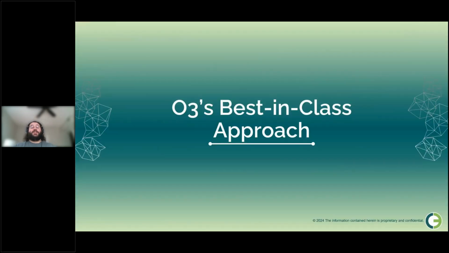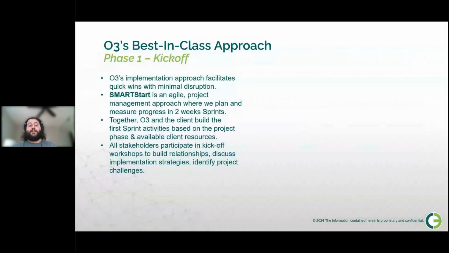Now, let's talk about how O3's best-in-class approach can support your newly developed AWP plan and interface with the rest of your tech landscape. We understand that the effort involved in developing and implementing new software can be a pretty intensive effort.